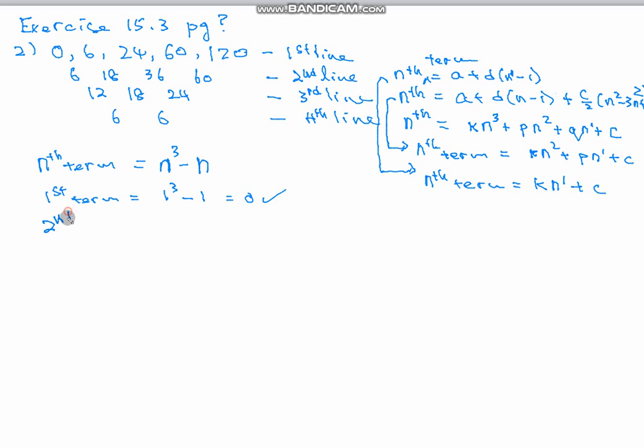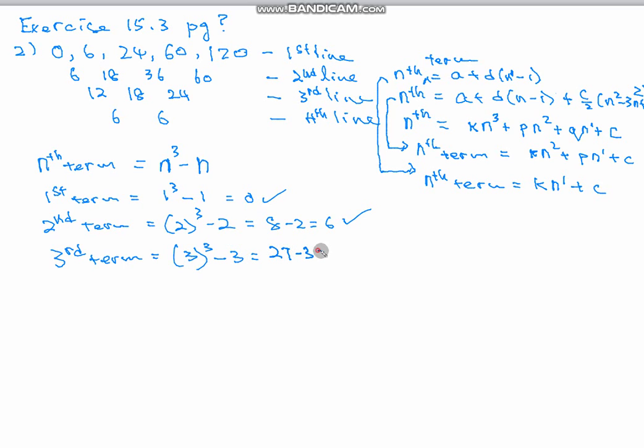Second term. 2 cubed minus 2 equals 8 minus 2 equals 6. Check. Second term, 6. Correct. Third term. 3 cubed minus 3 is 27 minus 3 comes to 24. Check. Third term, 24. Okay, so this n term formula is correct.